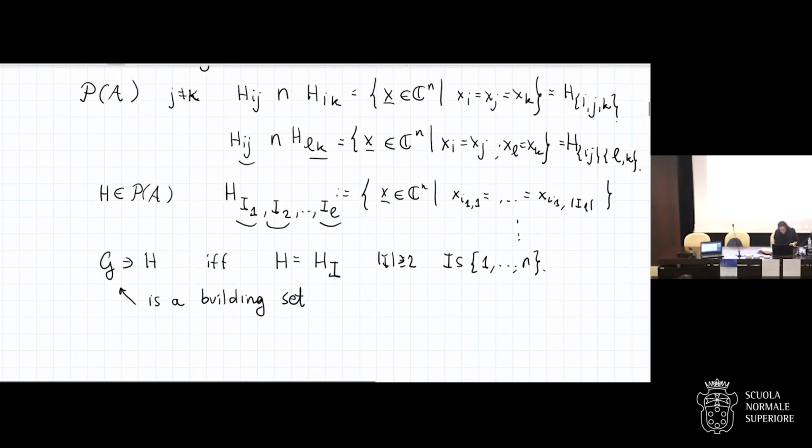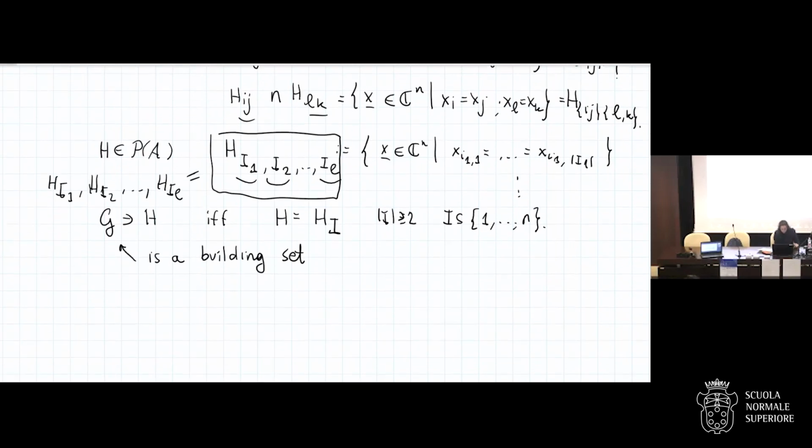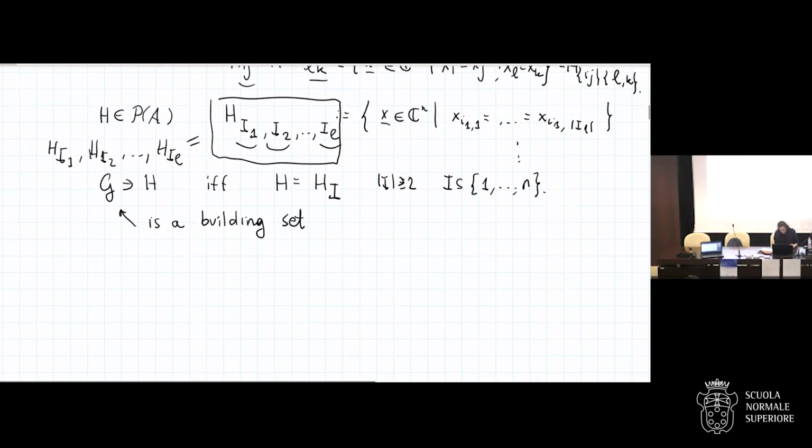Now, the G-factors of a generic element of P_A of this shape would be H_{I_1}, H_{I_2} up to H_{I_l}. So this is a subset that has this nice property of being building, and that was the definition of building set.